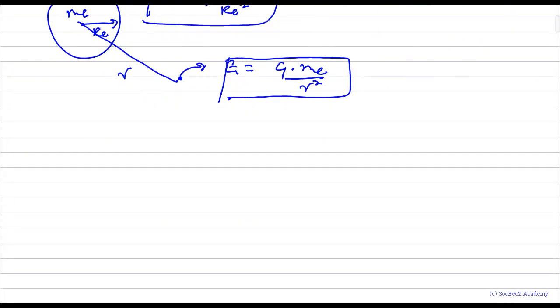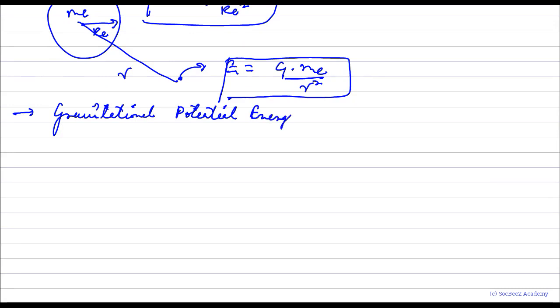Now let us talk about gravitational potential energy. The gravitational potential energy is basically defined as the work done in bringing a body from infinity to a particular point in presence of another body.